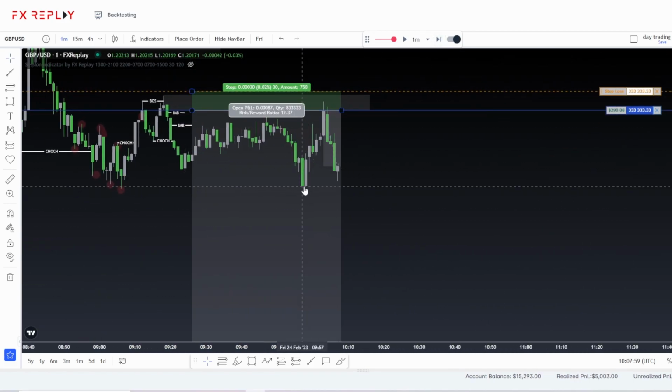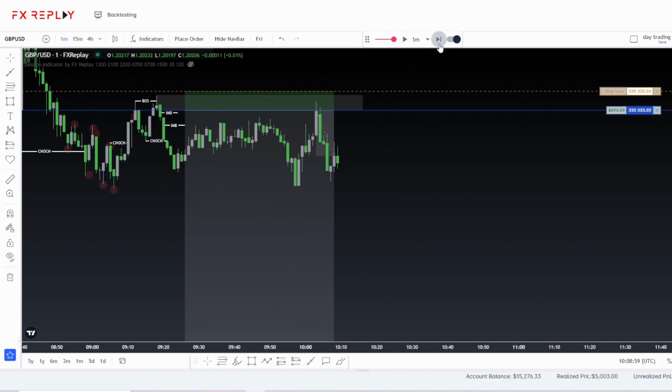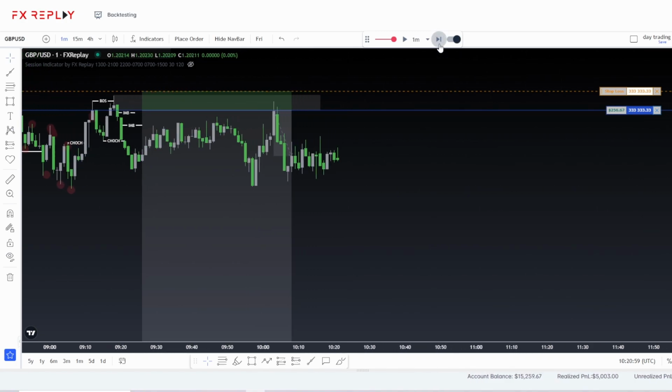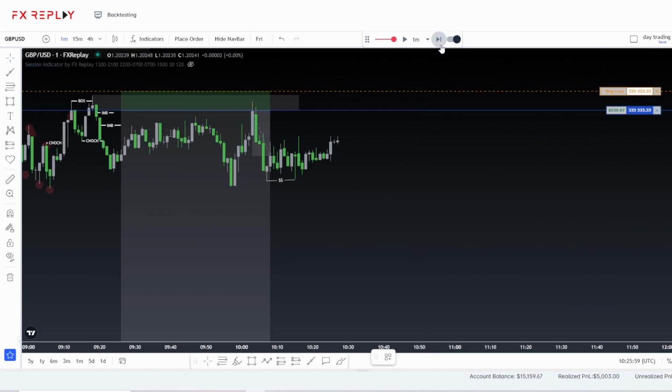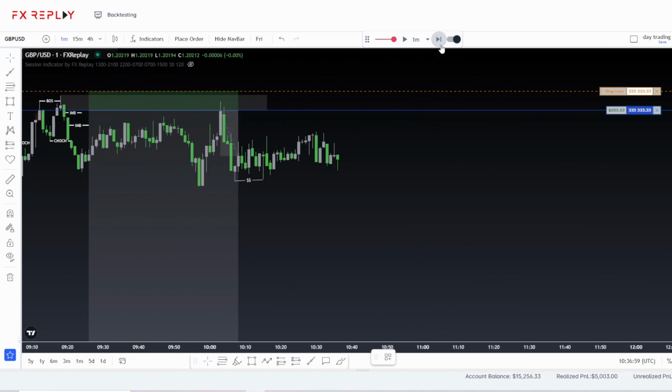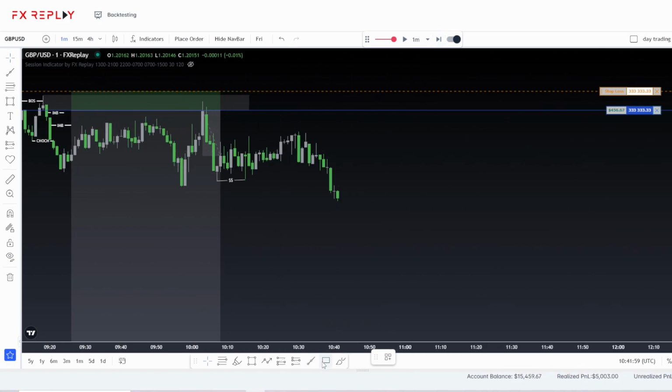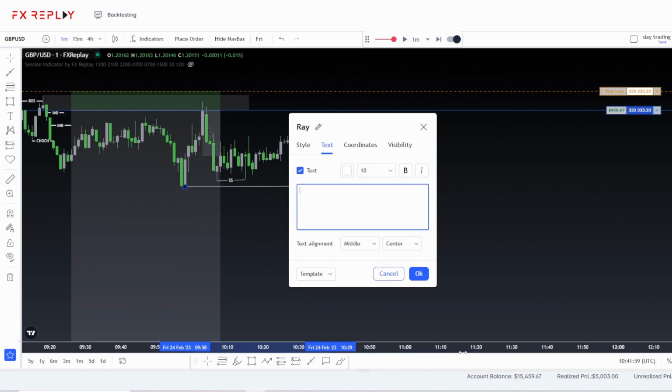Once this low gets broken, we can move our stop loss to break even. Price creates liquidity. And then that low gets broken. So right now, our trade would be running risk-free.